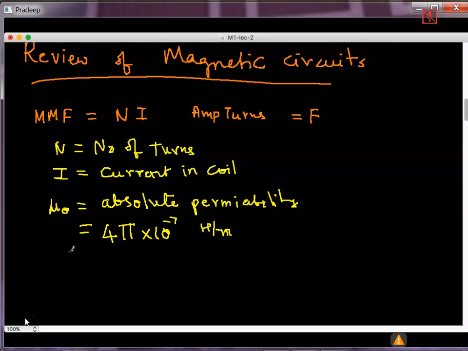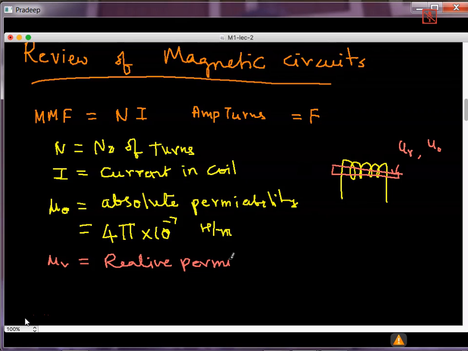Then, if you have a coil, inside the coil you can have a core material. For this material there will be a relative permeability, mu r, while the absolute permeability is a constant. The relative permeability is a constant for a particular material.